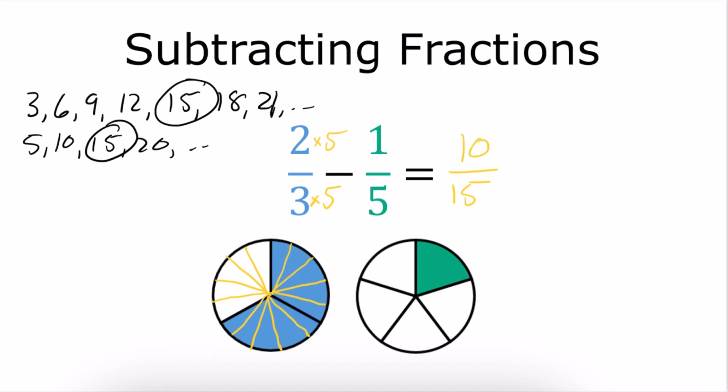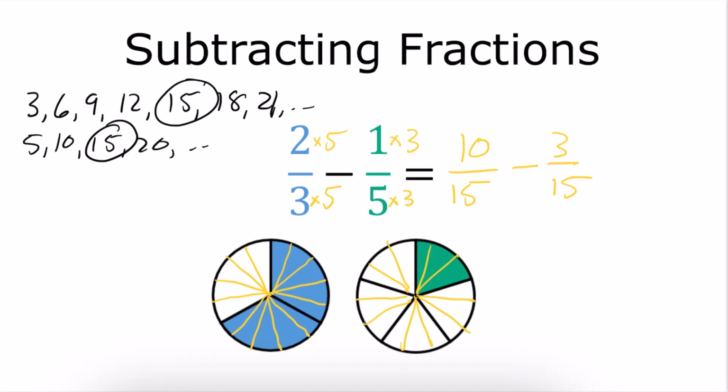So I have 10/15 that's equivalent to 2/3. And then for the 1/5, I'm going to multiply this one by 3. So basically cutting each one of these up into thirds like this. And the one piece that was shaded is now 3 of the little pieces. So I'm going to have 10/15 minus 3/15.